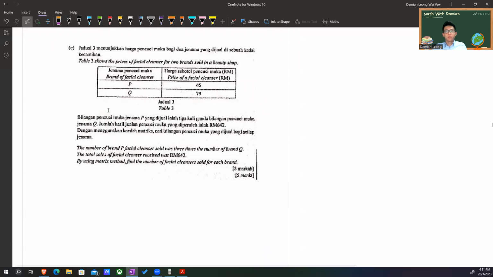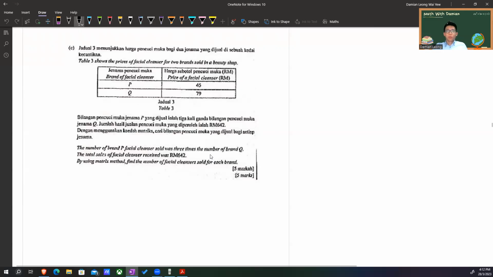Number of brand P facial cleanser sold was 3 times number for brand Q. Then total sales of facial cleanser received was 642. By using matrix method, find the number of facial cleansers sold for each brand.